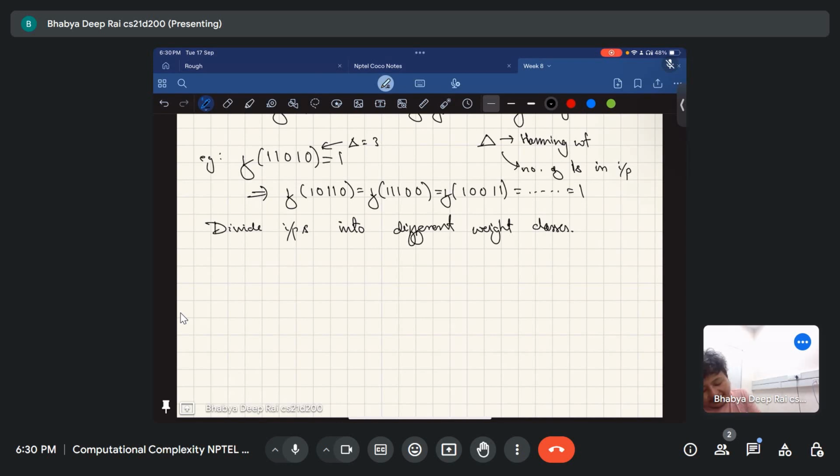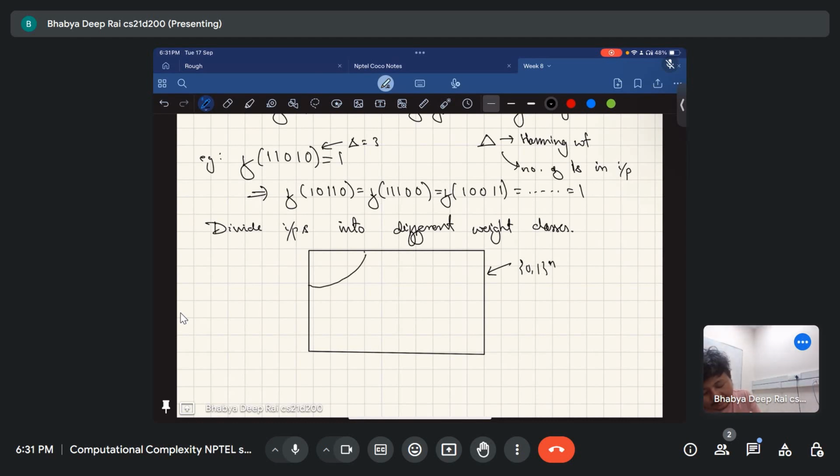Okay, so let's say these are the set of all inputs. This set is {0,1}^n. Now this is a weight class, delta equals 0, so there are no ones in those strings. And here is another one, delta equals 1.